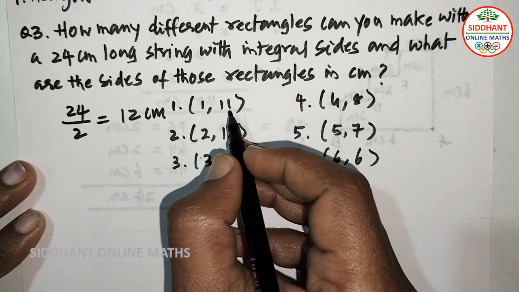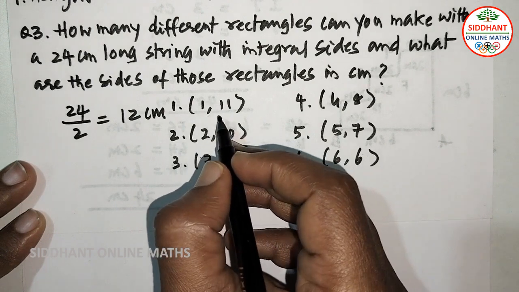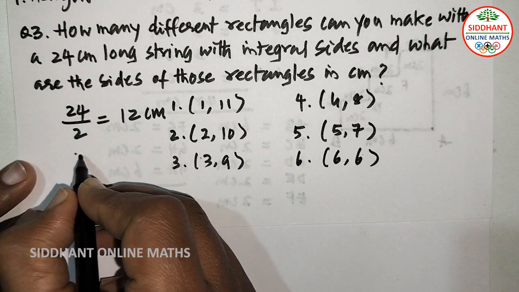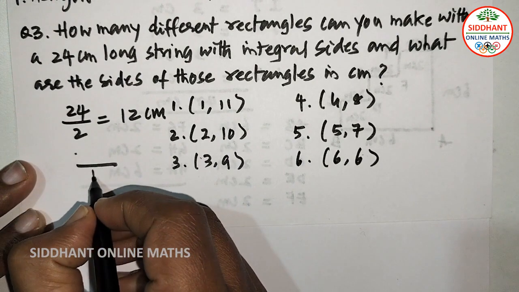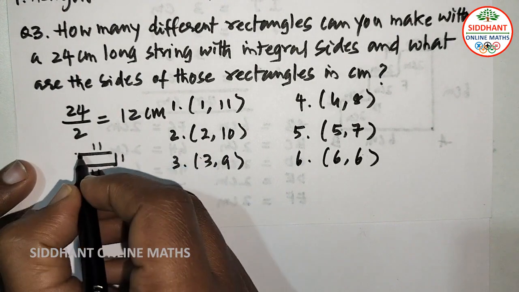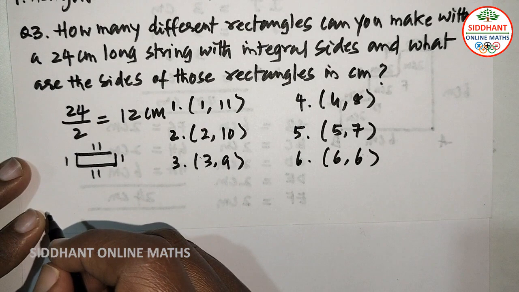So here, when you look at the perimeter, 1, 11 means 12 is length and breadth, and next length and breadth will be 12, so the total will be 24. Suppose this will be the length 11 centimeters, this will be 1 centimeter, again this will be 11 centimeters, this will be 1 centimeter, so the total will be 24 centimeters here.